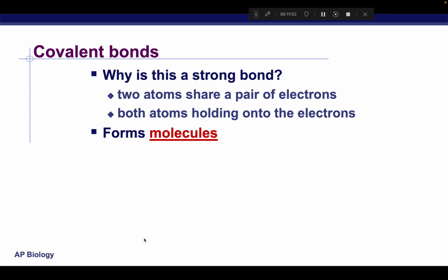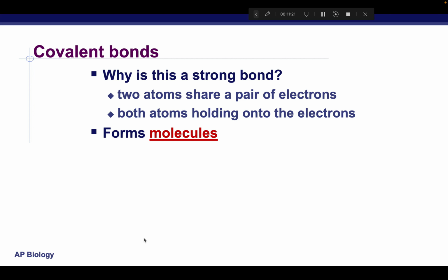So covalent bonds are really strong because the atoms that participate in covalent bonds share electrons between them so that they can become energetically stable. Both atoms are holding on to electrons together.